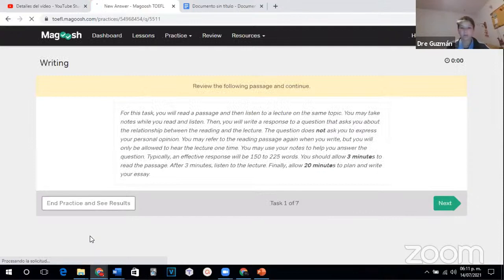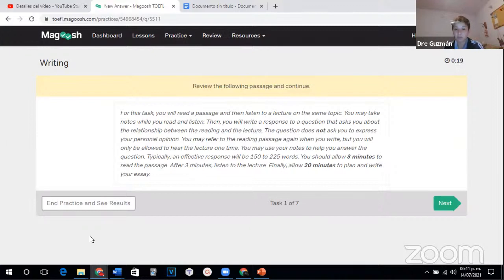Okay, so this is the instruction they're going to give you. For this task, you will read a passage and then listen to a lecture on the same topic. You may take notes while you read and listen. Then you will write a response to a question that asks you about the relationship between the reading and the lecture. The question does not ask you to express your personal opinion.